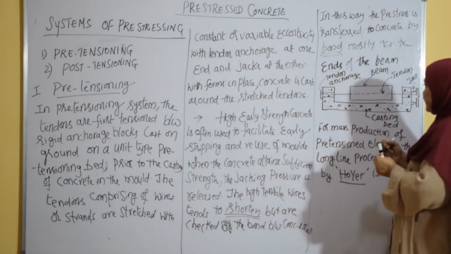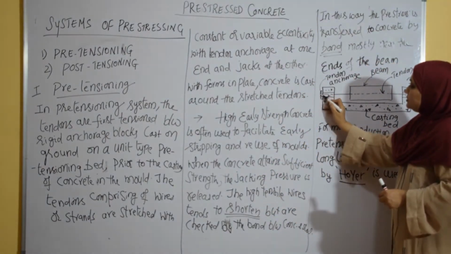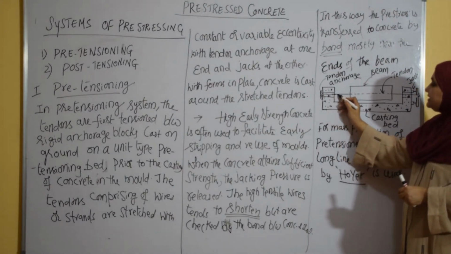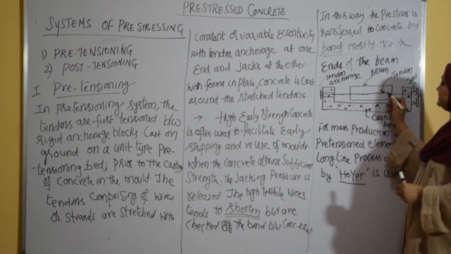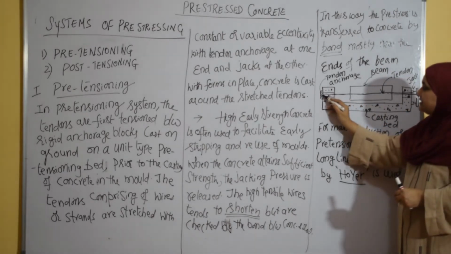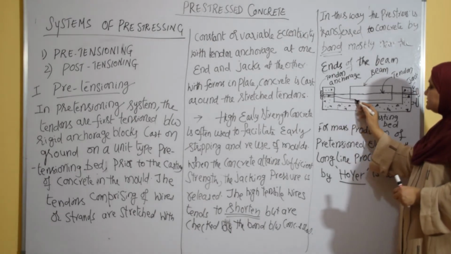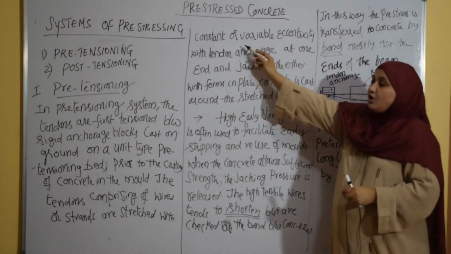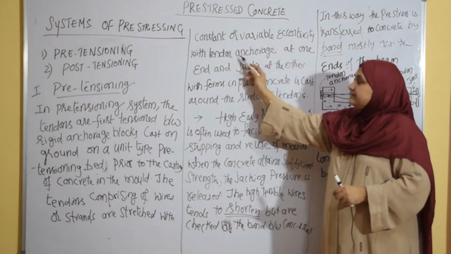This is the tendon anchorage. I have drawn a figure with the tendon like this, so there is no eccentricity here. If you maintain some eccentricity, then the cable will come like this.